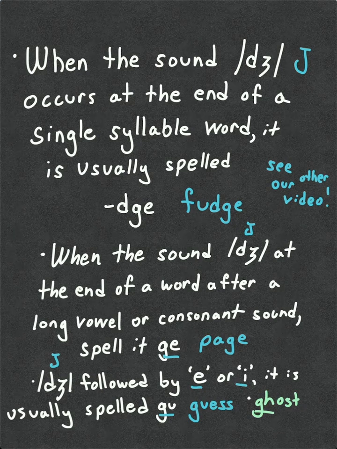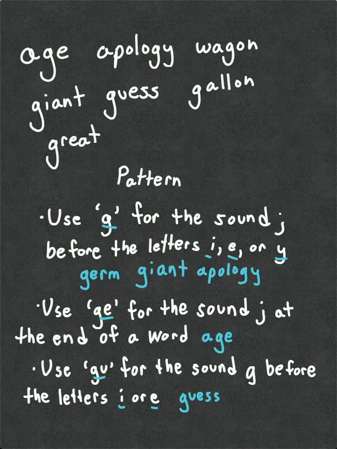But if that G sound is followed by an E or an I, it is usually spelled GU, as in guess. A rare form is GH, such as ghost, but again, let's stick to what you're going to be using most of the time. So we have 3 different ways to express these sounds: DGE, GE, or GU, once again, depending on the word. Let's take a closer look at this.